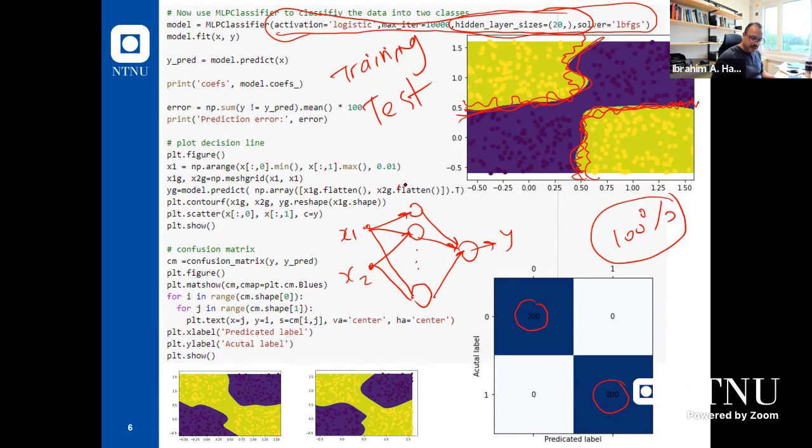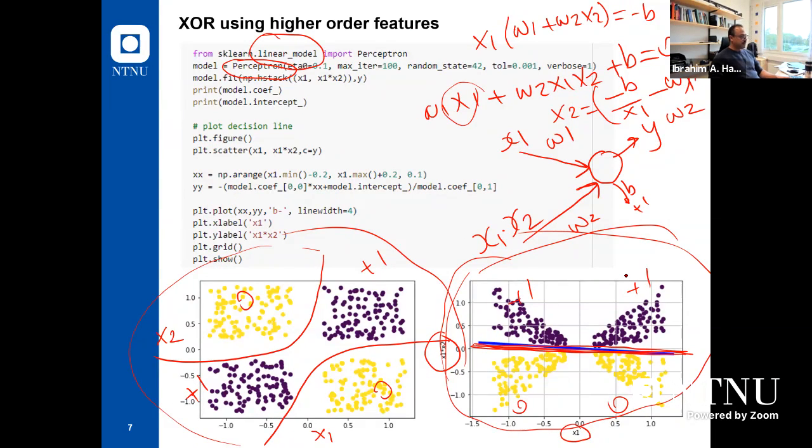This one is 20 times 2 plus 20, plus 1 times 20 plus 1. So it's 60, 80, 81 parameters, right? The same problem we solved using a model which has 81 trainable parameters, and we solved the same problem using 3 weights.